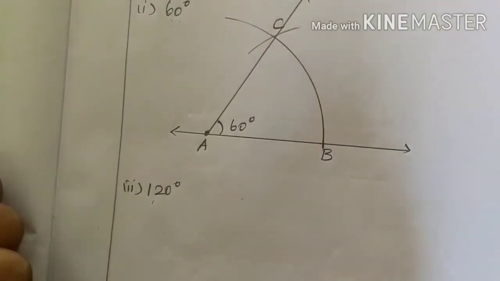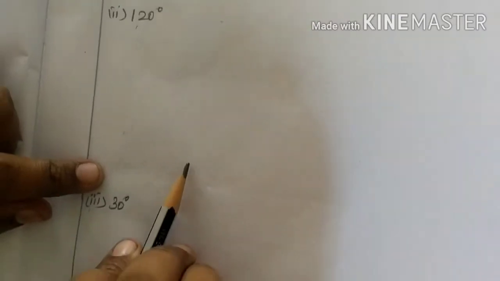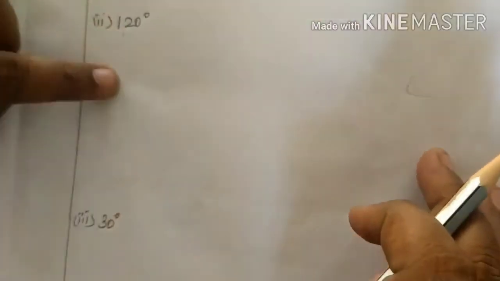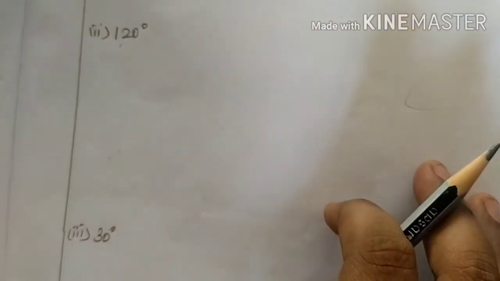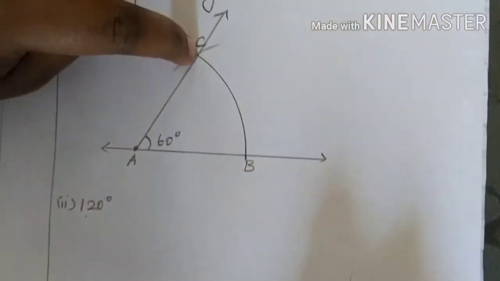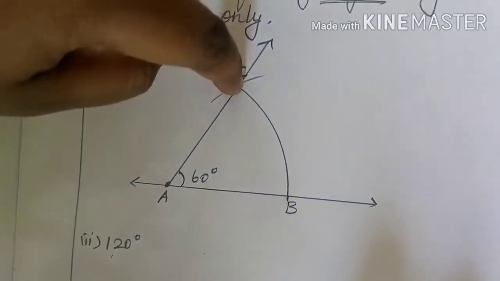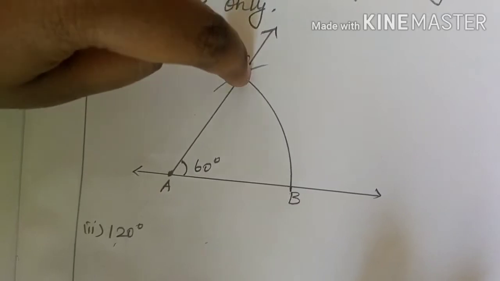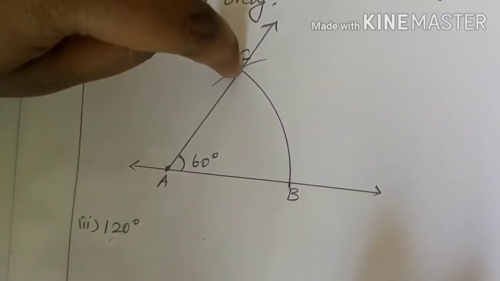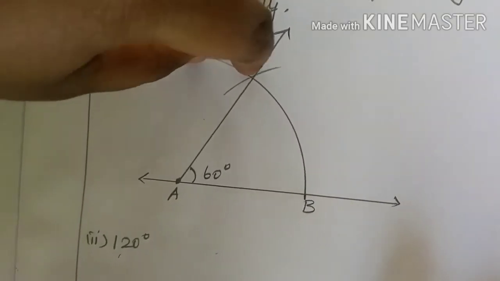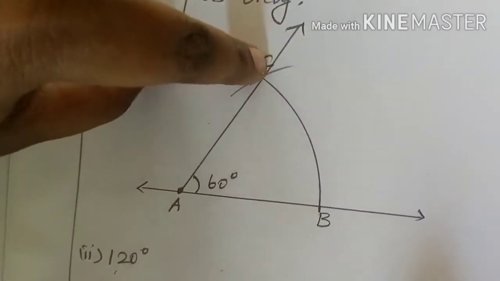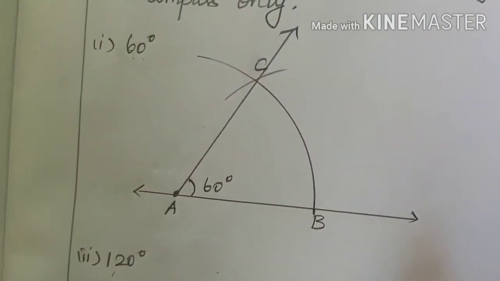Very good, obtuse angle. So for 120 degrees the angle has to come on this side. You first measure and draw 60 degrees, then keep the compass at C and draw one more arc with the same measurement, another 60 degrees, and you will get the 120 degree angle.